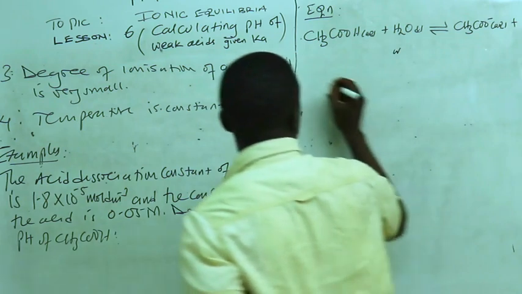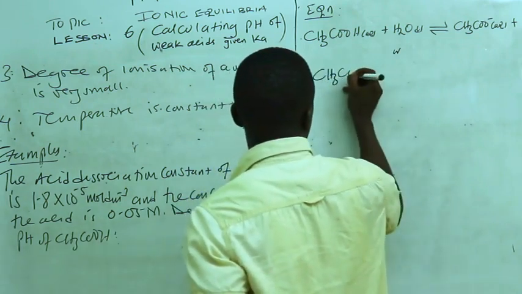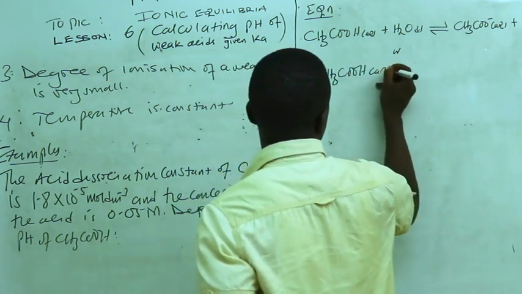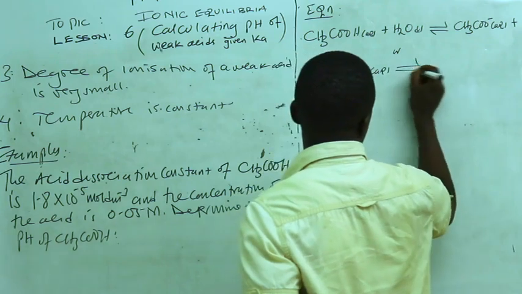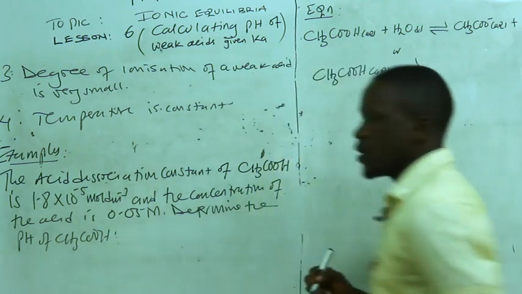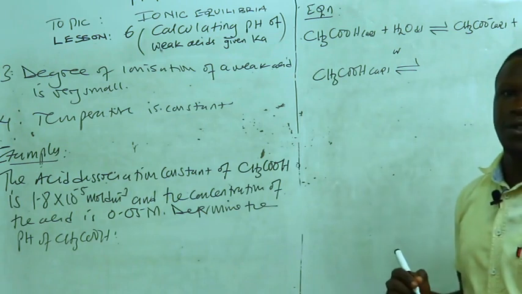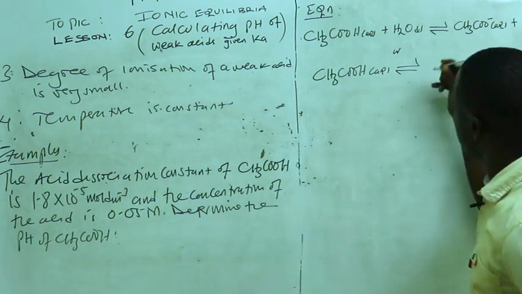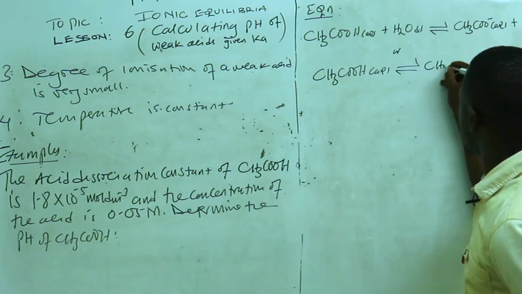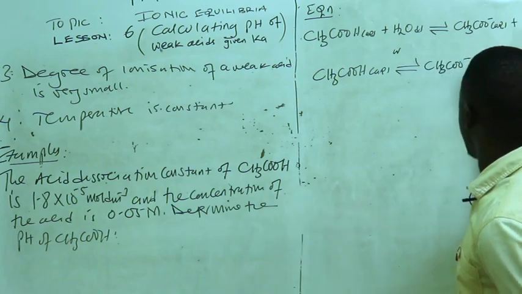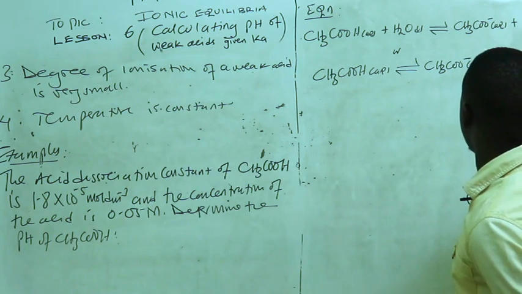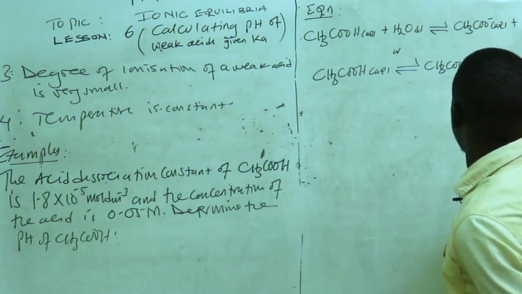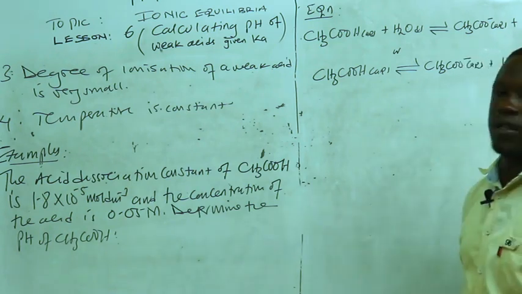Alternatively, we could simply say ethanoic acid partially ionizes. Once it's aqueous, it simply means it's dissolved in water, and so the water can always combine with the protons to give us ethanoate ions and the hydrogen ions, like that.